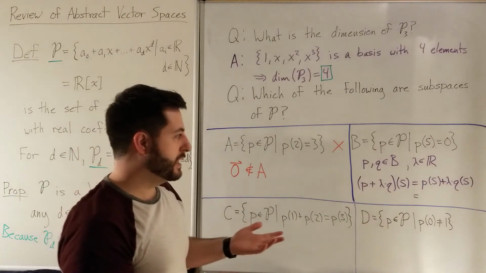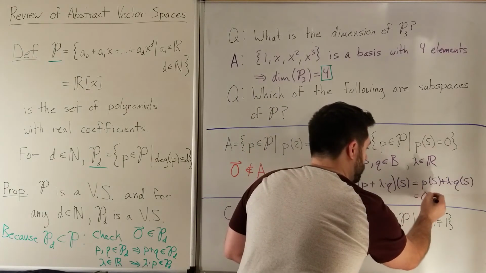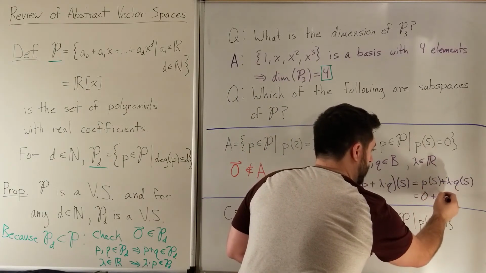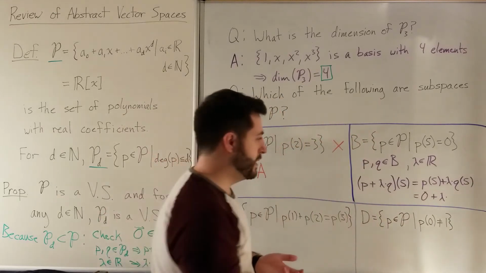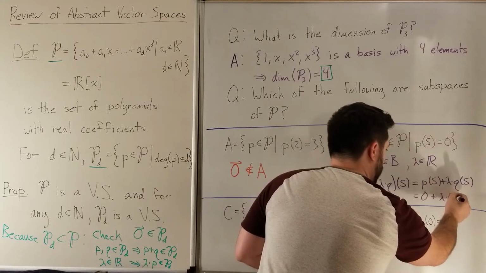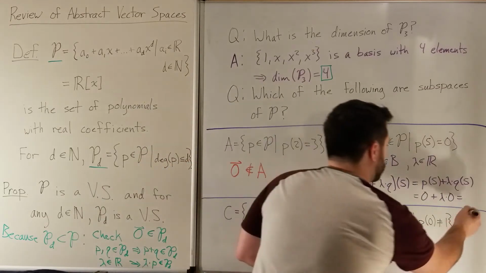Well, P of 5 must be 0 since P is in B. So this is 0 plus lambda times Q of 5, which must also be 0. And 0 plus lambda times 0 is 0.